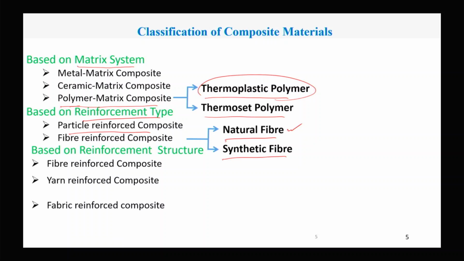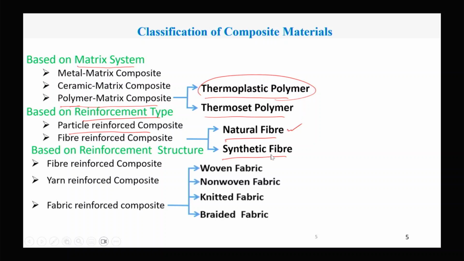And fabric reinforced composites are there when we use fabric as a reinforcement. And we can use different types of fabrics: woven structure, non-woven, knitted and braided fabric, and also two-dimensional and three-dimensional fabrics are used for making composites.